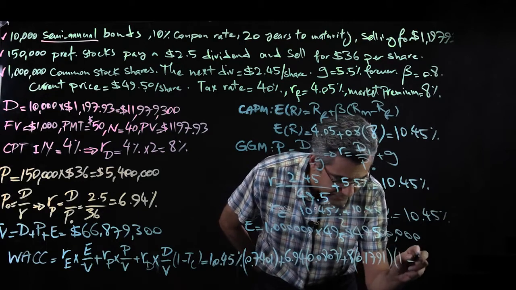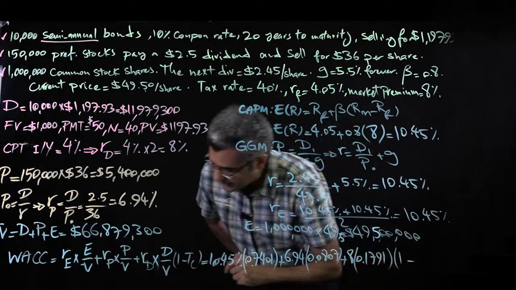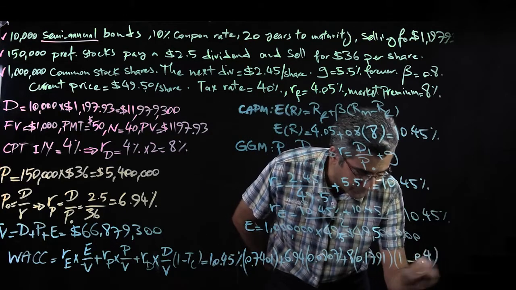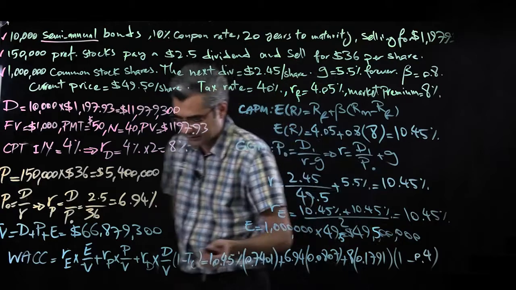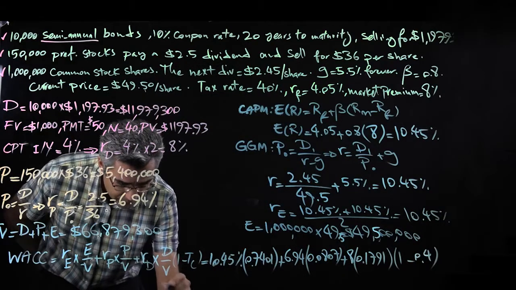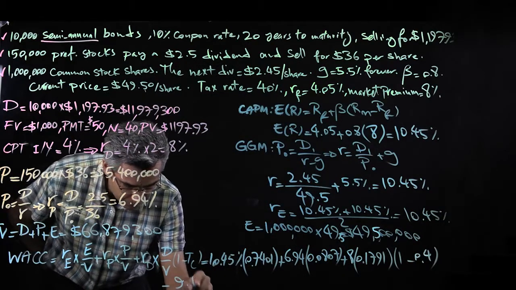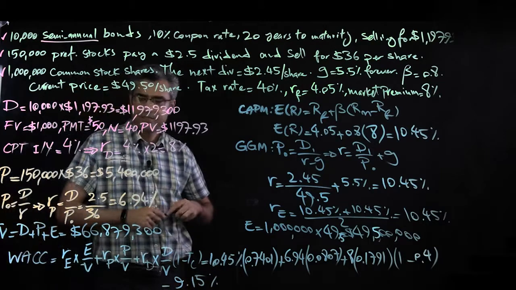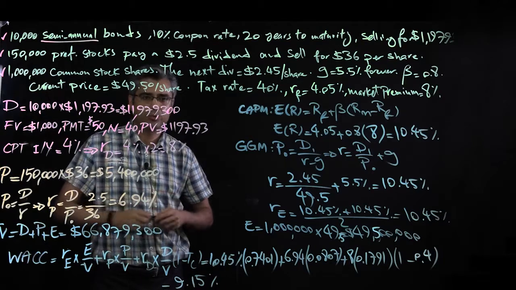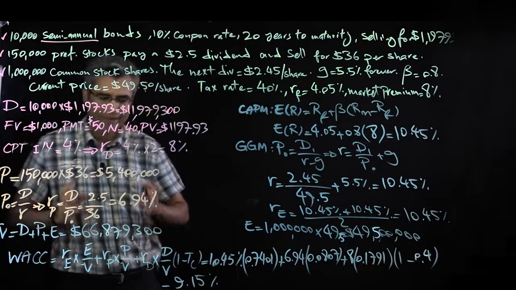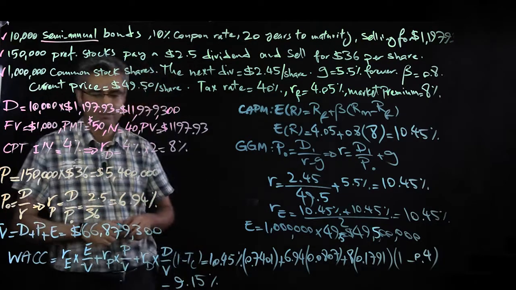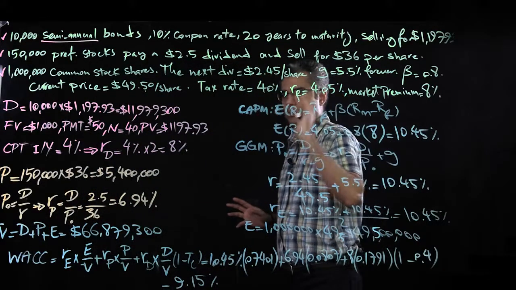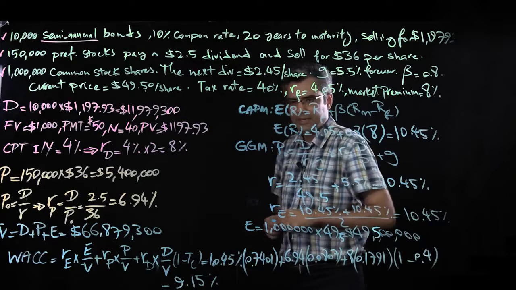And then times (1 minus tax), where tax is 40%, so 0.4. If you do the calculation, you will get 9.15%. This means that if a company wants to take on a new project, it needs to earn at least 9.15% to satisfy all investors, including bondholders and stockholders.